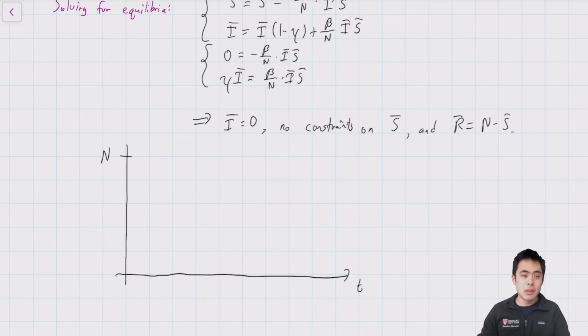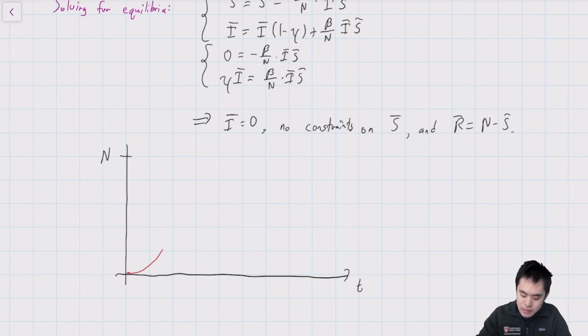But if we start out with susceptible individuals, you might have something like this: your infection rate is going to go up. Let's do that in red. It's going to go up, and as the infection rate goes up, your susceptible population goes down.